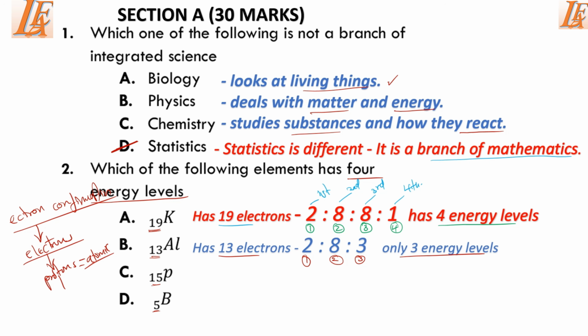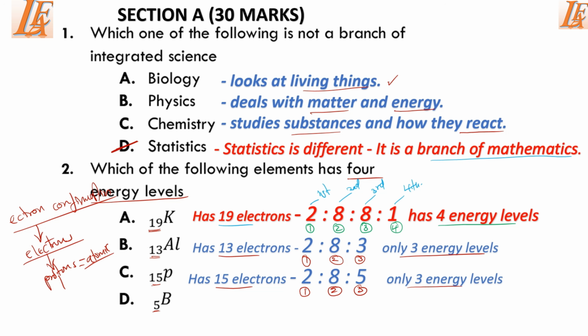Then for C, which is phosphorus, atomic number 15, it has 15 electrons arranged in 3 energy levels, where 2 electrons take the first energy level, 8 electrons take the second, and 5 electrons take the third. Therefore, phosphorus also has only 3 occupied energy levels.